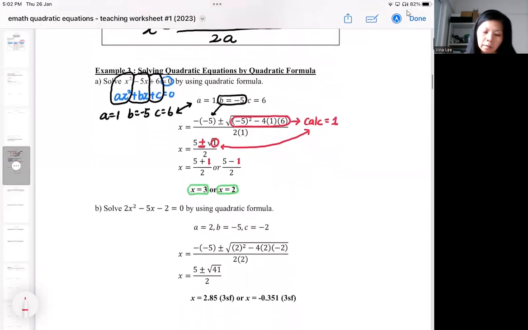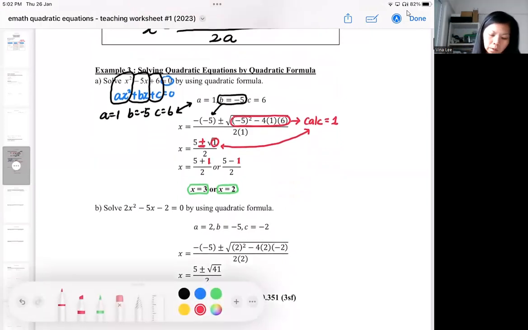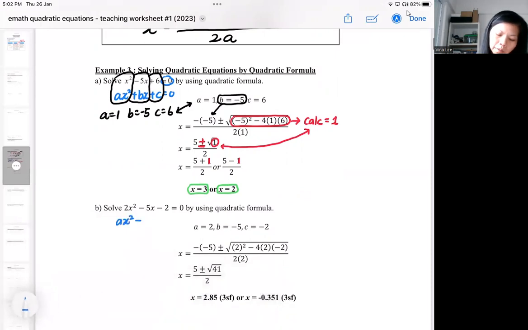Let's check another example. Again, I'm going to do the comparison to ensure that I don't get the wrong ABC, especially when it comes with a negative sign.